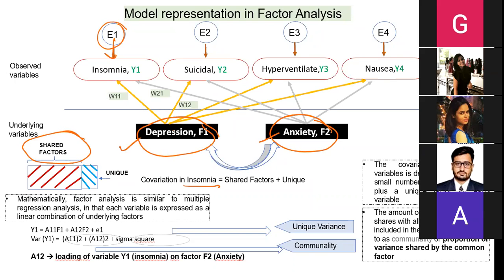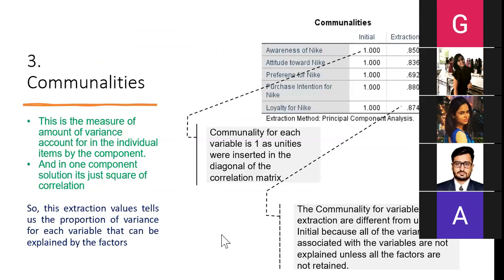So what you get in communality is something like this. This is initial, this is 1, and this is some extraction figures that you see. So this extraction value tells us the proportion of variance for each variable that can be explained by the common factors. So in awareness of Nike, this much, 85%, can be explained through these common factors.